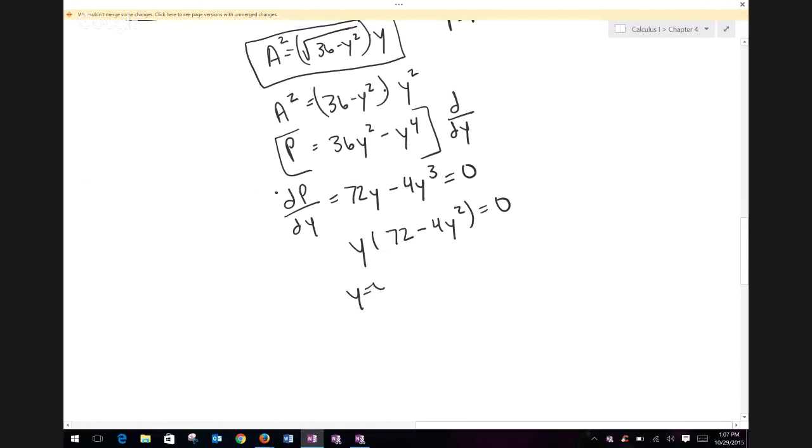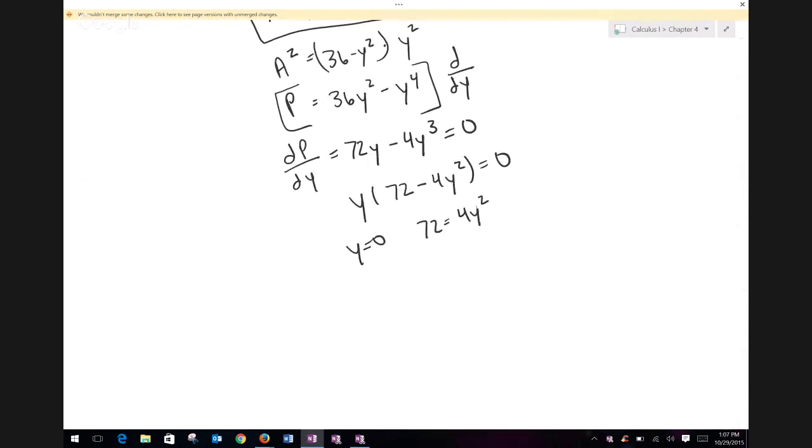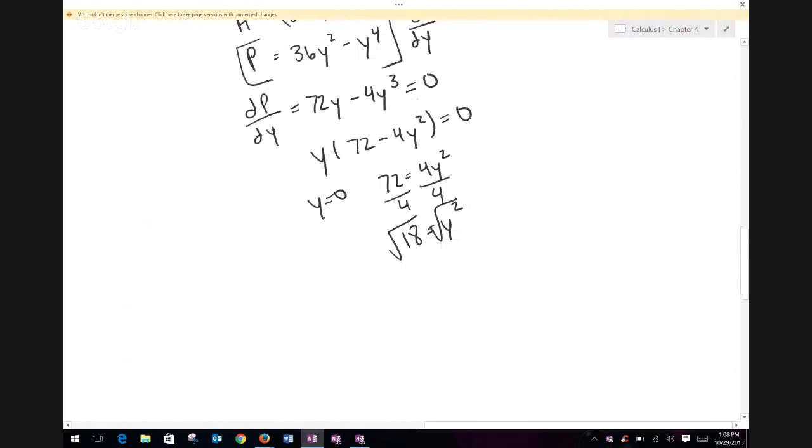So y equals 0, which is not going to be a maximum. Or I have 72 equals 4y squared, which, dividing both sides by 4, gives 18 equals y squared. Take the square root of that, and we get plus or minus, but of course, the square root of 18.